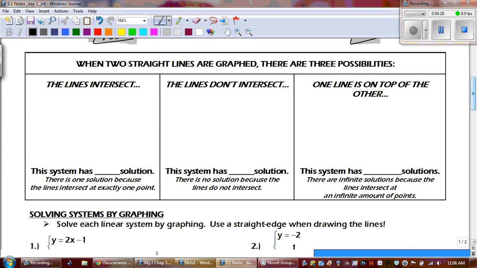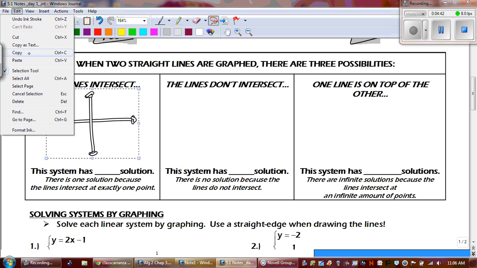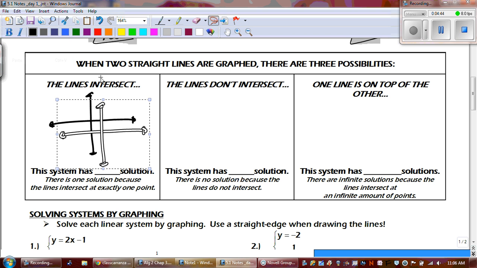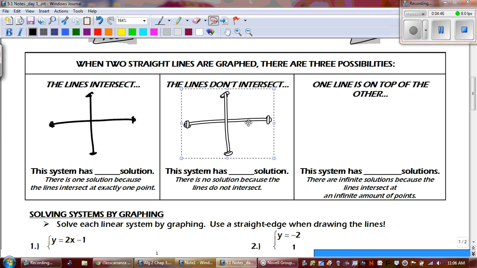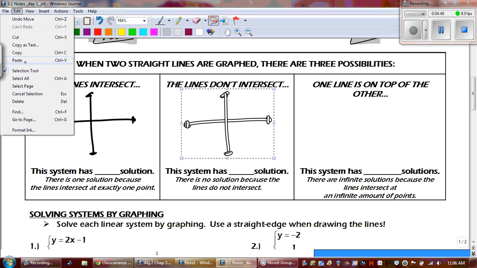When two straight lines are graphed, there are 3 possibilities. So if we're graphing them on the plane, what I'm going to do real fast is copy and paste it. So I have my 3 graphs.